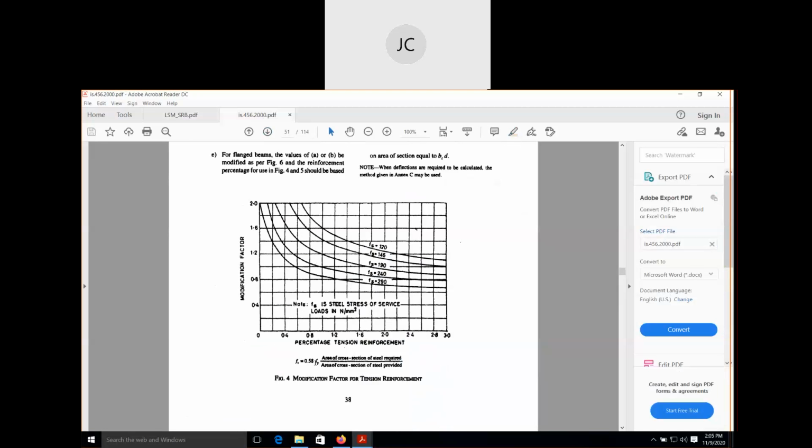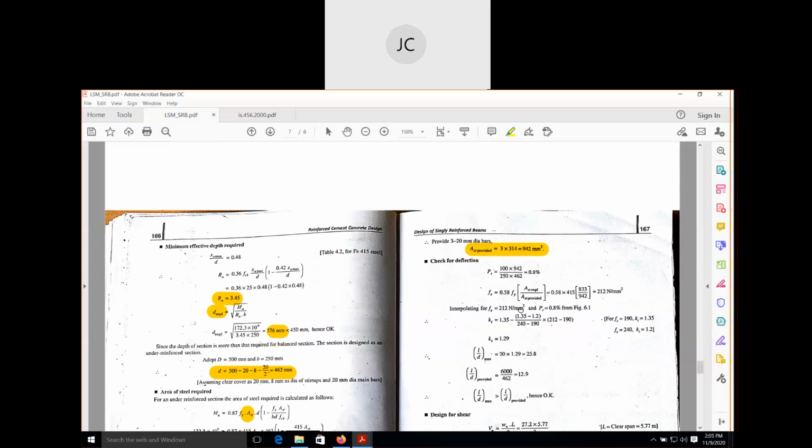So 0.58 into 415 into 833 divided by 942. From this equation you find out the value of Fs. If you use this formula you will get Fs equal to 212.